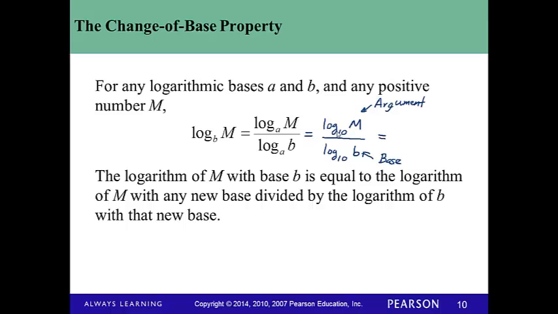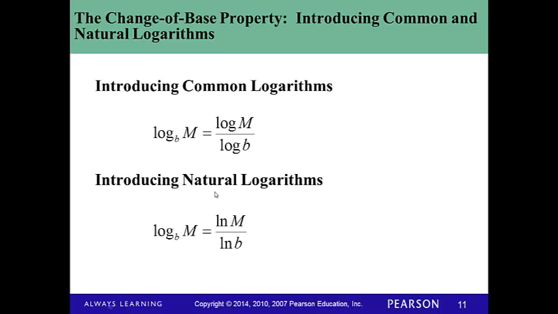Also, since your calculator does base 10, it also does the natural log. So the natural log of m divided by the natural log of b, where again m is the argument and b is the base. Doing either one of these quotients will come out to be the same answer. And this is what I just wrote on the previous page.